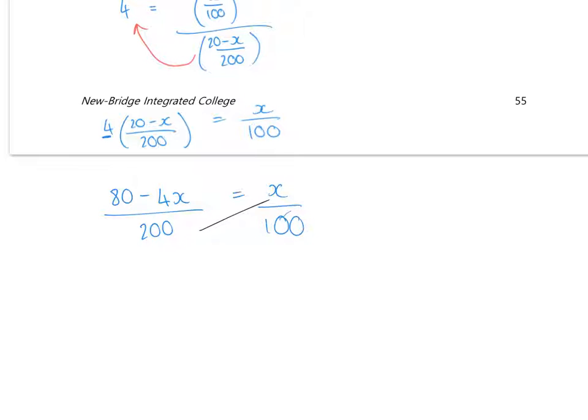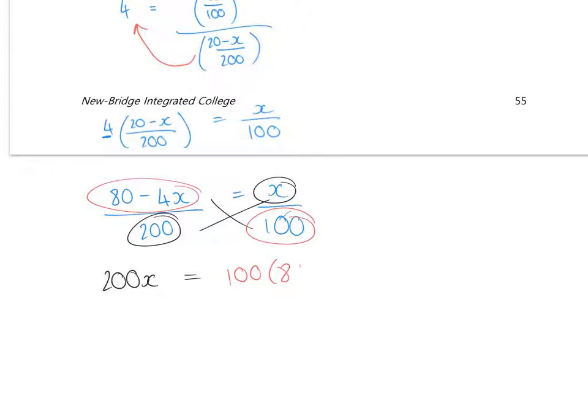Again, as we did before, just cross multiply. And we end up with 200 times X is 200X on one side. And then we have 80 minus 4X times 100 on the other side. So that's 100 times 80 minus 4X.